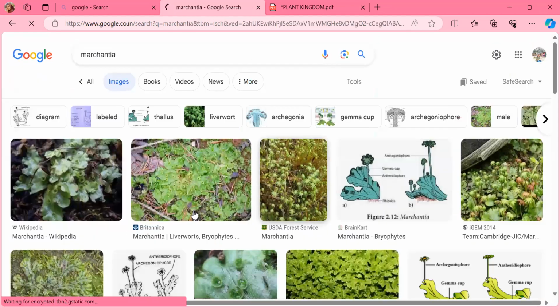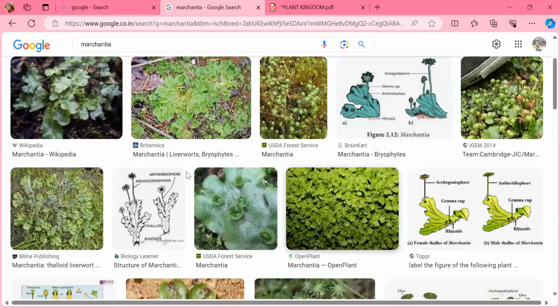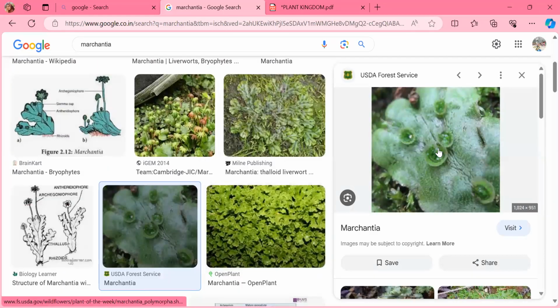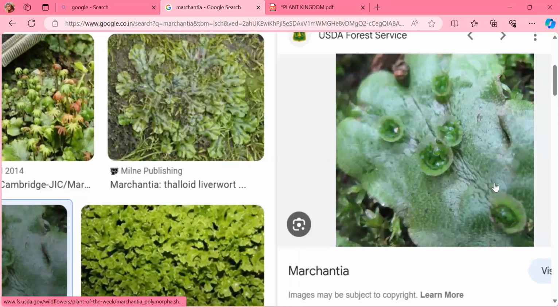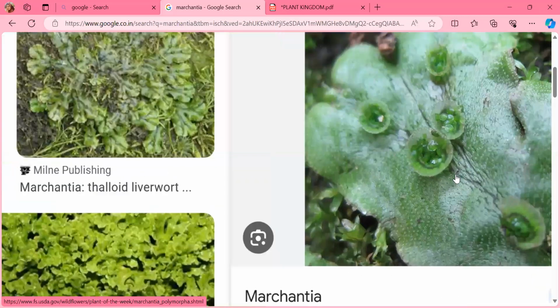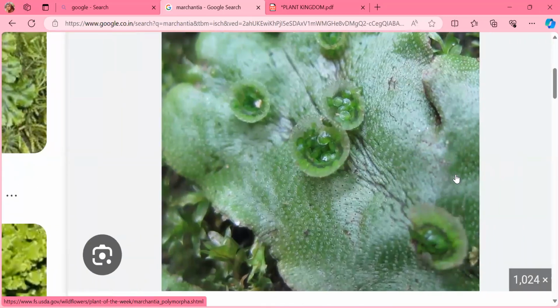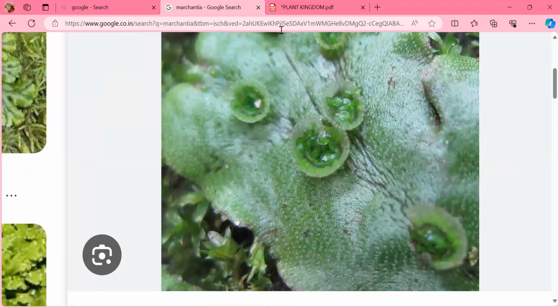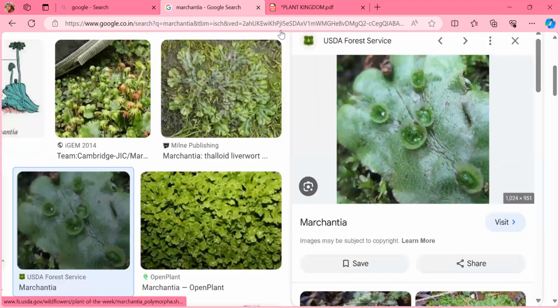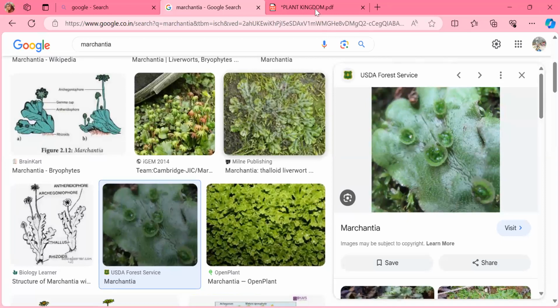See, this is Marchantia. And see it carefully because one more thing can come from this. Do you see this cup-like structure on its body? It is of much significance. We'll be talking about it. So this is Marchantia.